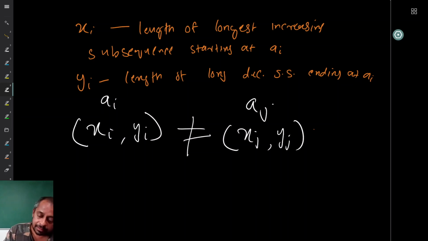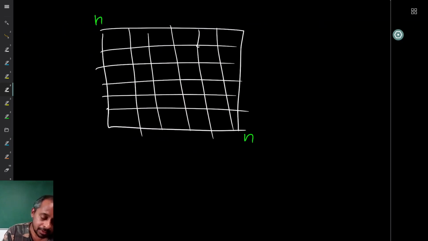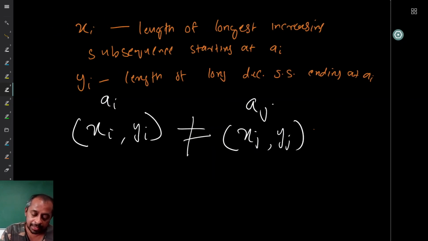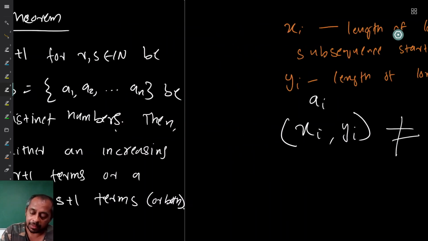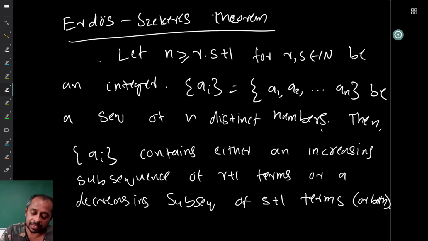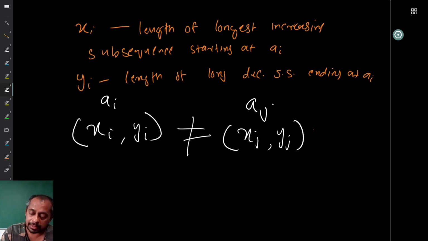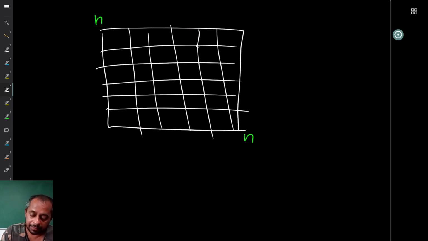So this helps us to design a pigeonhole application. We know that these numbers xi and yi can never be more than n, because the maximum number of terms is n. So the longest increasing subsequence can only be at most n. Decreasing also can be at most n. So I'm going to plot it in a graph, where I take an n by n square.